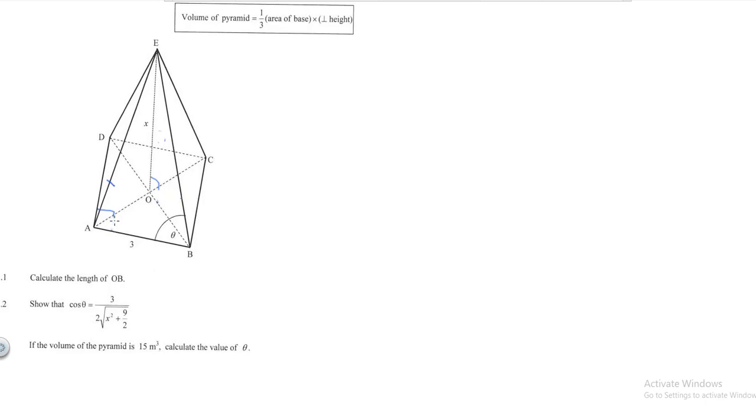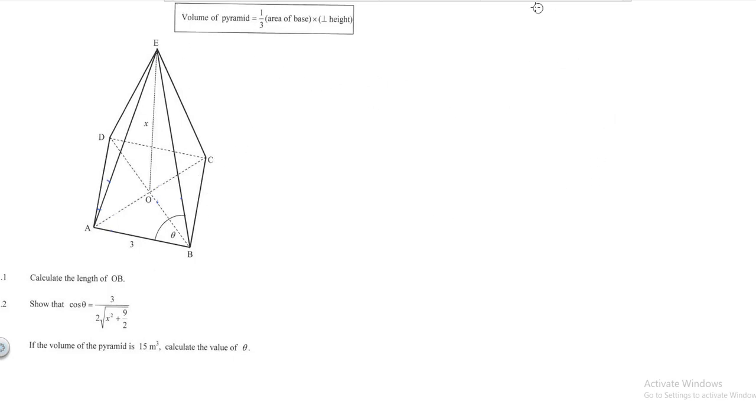The first thing you have to know, this is a pyramid, okay? In a pyramid, the base of a pyramid is in the form of a square.